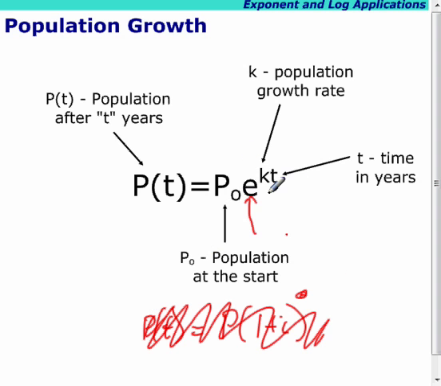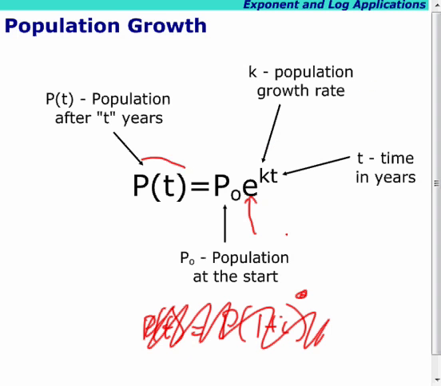Now, keep in mind that this one is used for population growth or interest compounded continuously, not semi-annually or annually. And we can also use one almost identical for exponential decay.